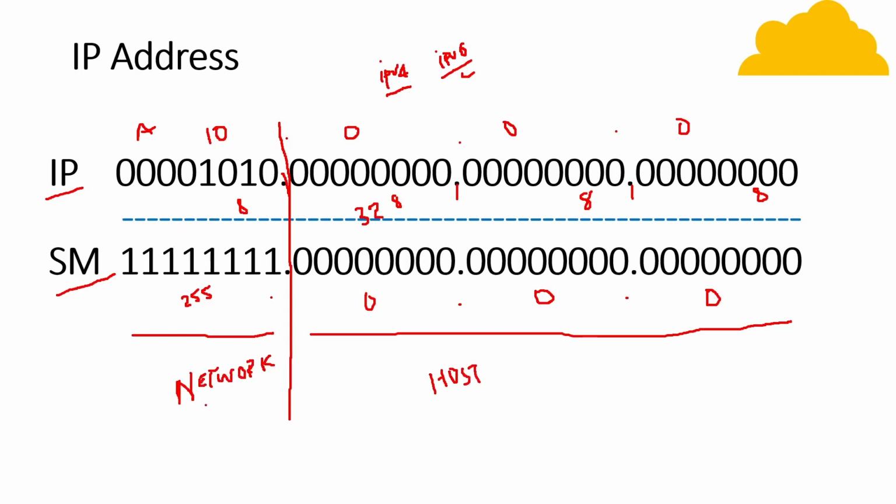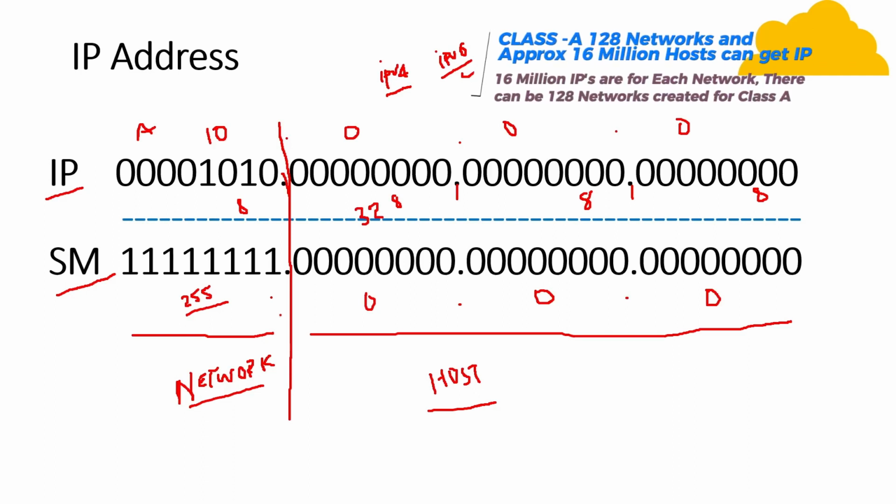So in class A, this part decides on the network and this part will decide on the host part. And the subnet mask will always be 255.0.0.0 for class A IP range. This is the default subnet mask which a particular class A network should use.